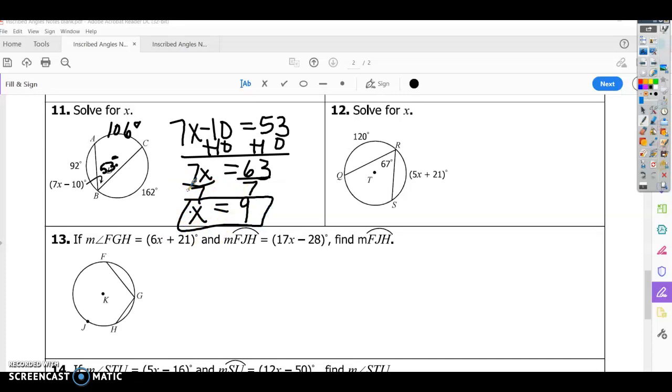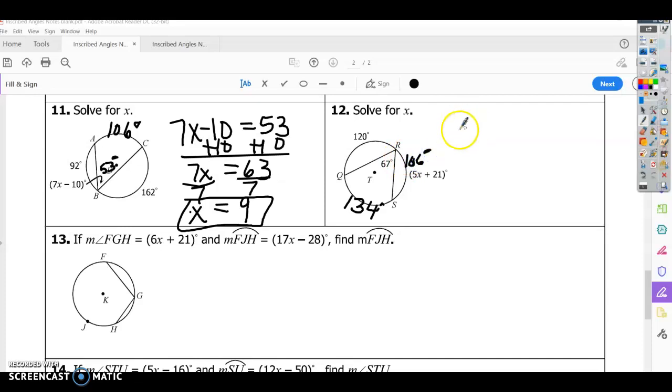All right, let's look at number 12. So since we're given the inscribed angle is 67, we know the arc is twice that. So twice 67 is 134. And we know that this plus this plus this equals 360 degrees. So we can do 360 minus 120 minus 134. And we know that this one is equal to 106.